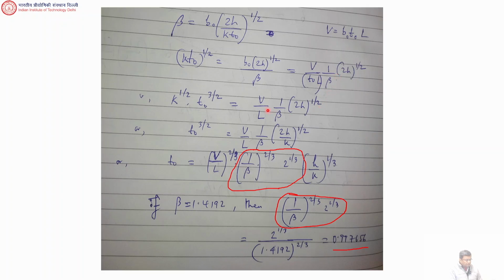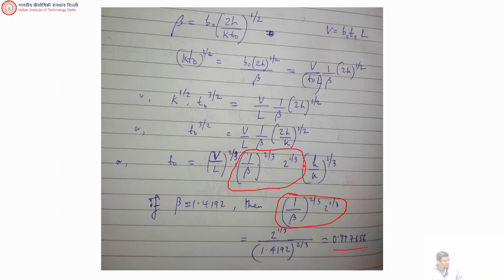With just a couple of steps here, we can write T naught in terms of V by L, also beta, because beta we also had, and we have h over k also, correct? Beta we will use as 1.4192. Then you get this thing which I had circled in red.